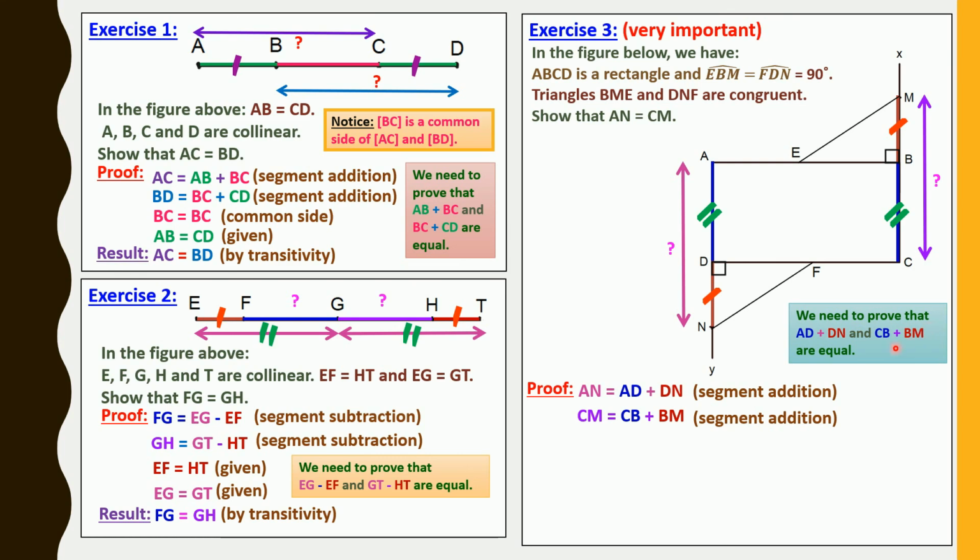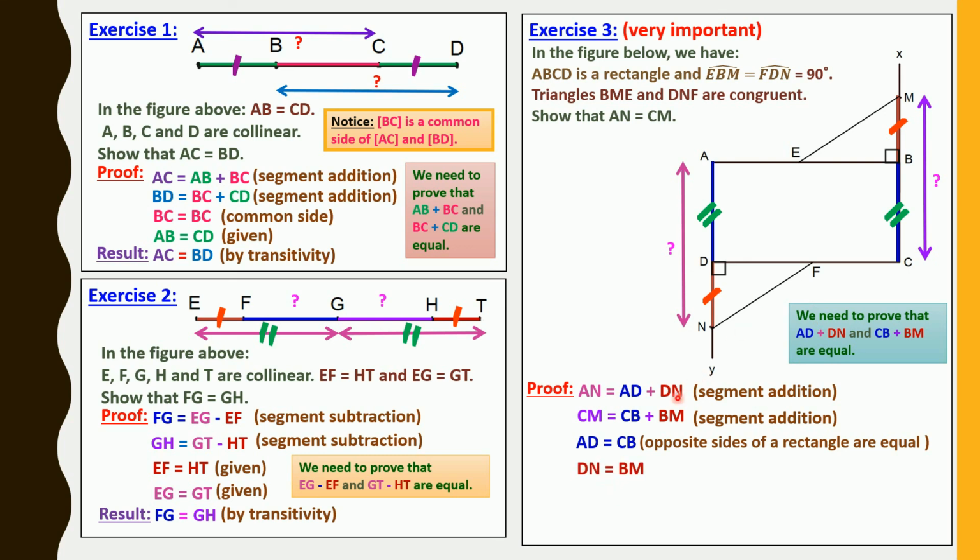We need to prove that the two sums, the two quantities AD plus DN and CB plus BM, are equal. We already proved that AD equals CB. It's not straightforward evidence like in previous exercises. No, we use the property that the opposite sides of a rectangle are equal. That's why they are equal. We need to write the correct reason.